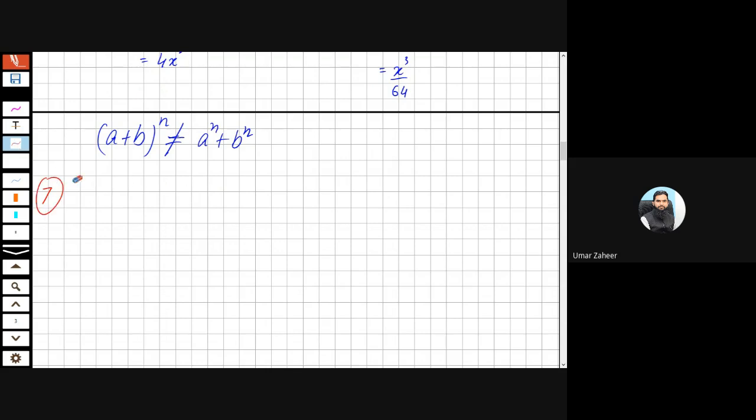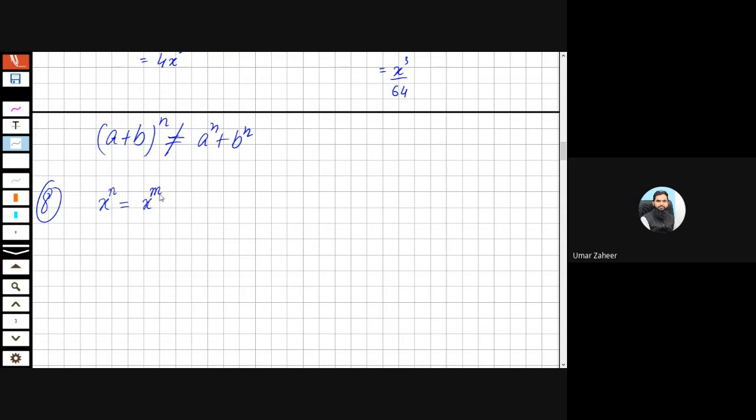Now, let's look at one more rule. The rule is, if you have any number having some power, and on the other side there is the same number, the base exactly the same, and there is some power, let's say m.